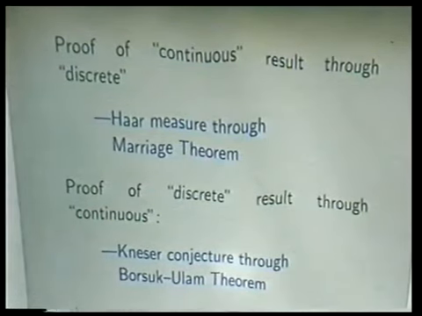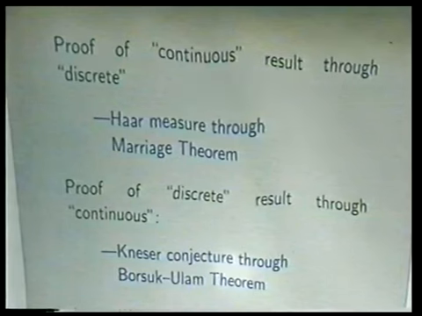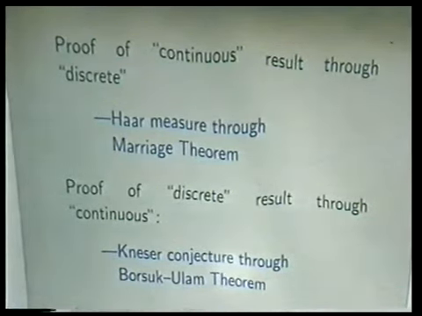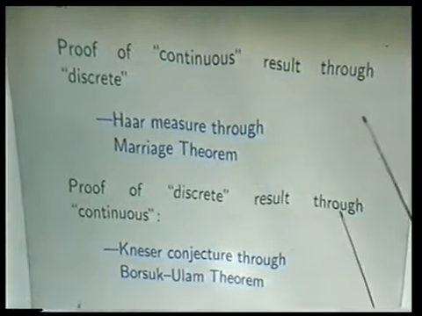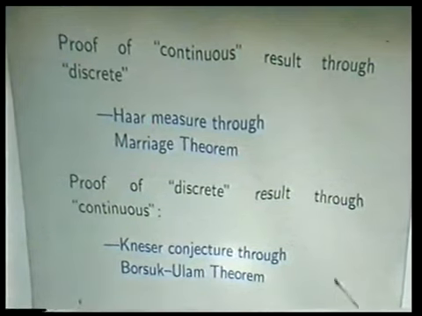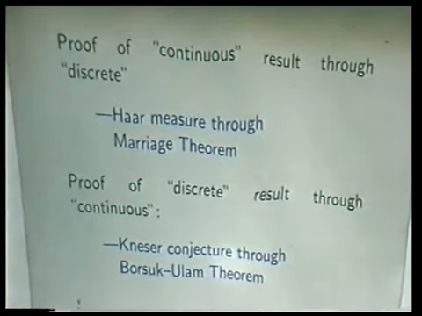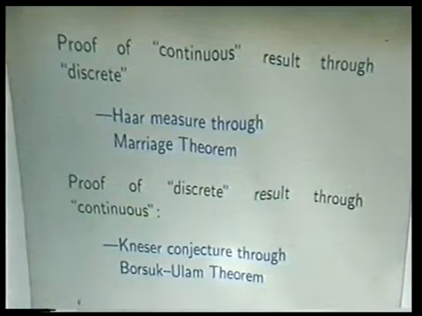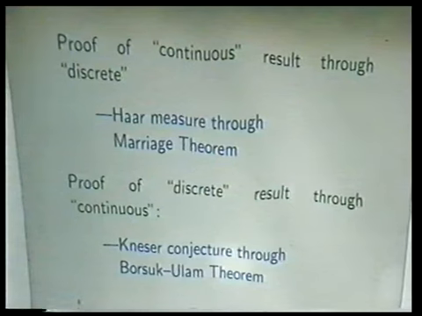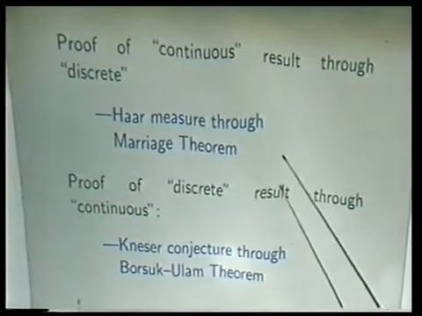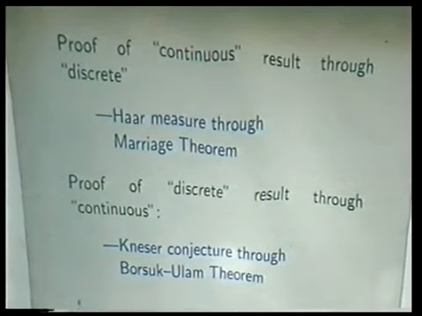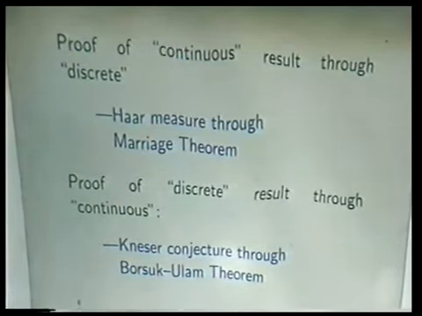You can pick a continuous result, and then sometimes it has a very elegant, simple proof using some non-trivial result from discrete mathematics. Or more often, there are more examples of the other side, where you prove some completely discrete result using continuous ideas. So let me describe a construction of the Haar measure using the marriage theorem in discrete mathematics.